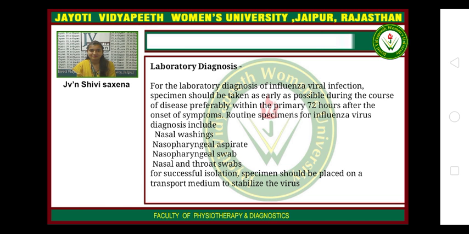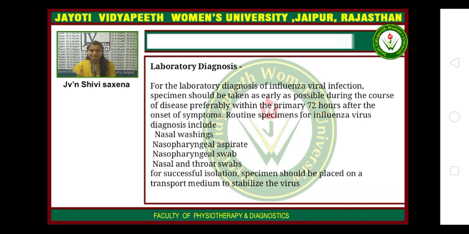Laboratory diagnosis. For the laboratory diagnosis of influenza viral infection, specimens should be taken as early as possible during the course of disease, preferably within the first 72 hours after the onset of symptoms.